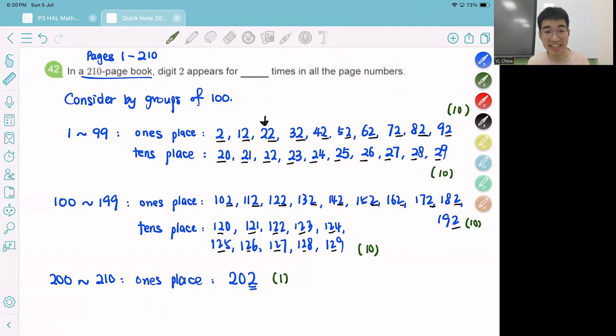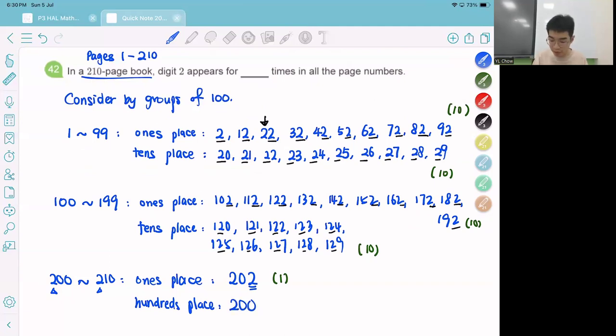Does that mean we're done? No. This time we are looking at 200-something, and would you look at that, the hundreds digit is 2. So you also need to look at the hundreds place. In this range, every number from 200 to 210 will have 2 at the hundreds place, because it's 200-something.